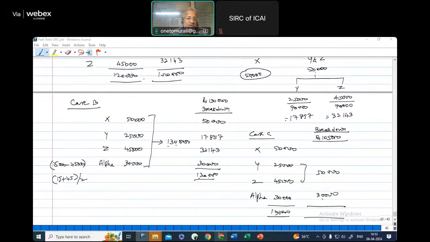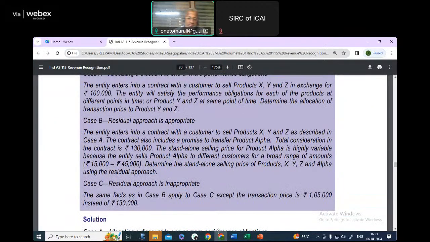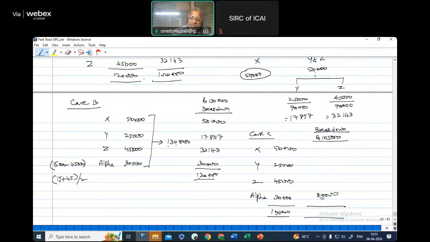That is what they said, residual approach is inappropriate. When residual approach is inappropriate, the only way that we can allocate this 105,000 is in the same proportion as the standalone price that you are having.